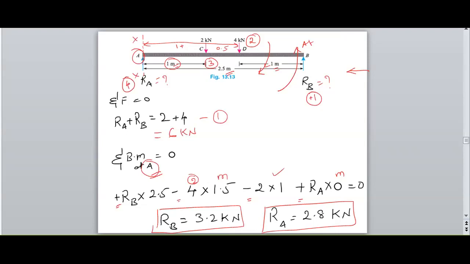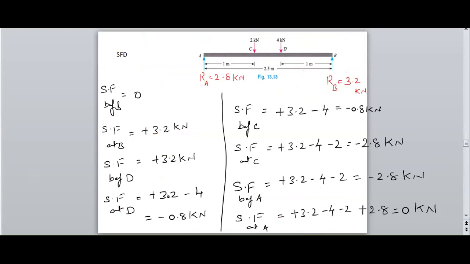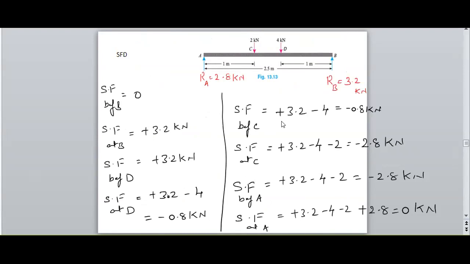After finding RA and RB, I need to draw the shear force diagram.